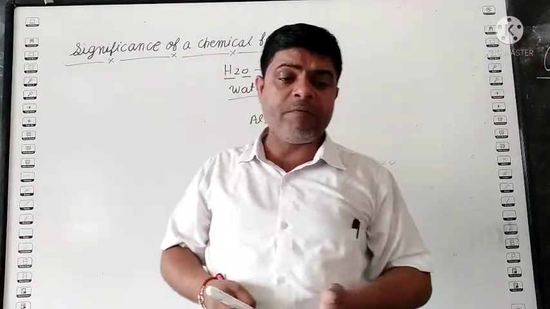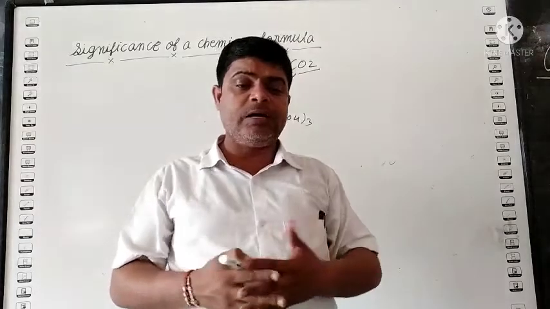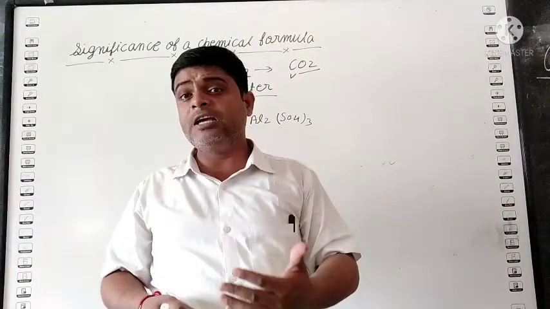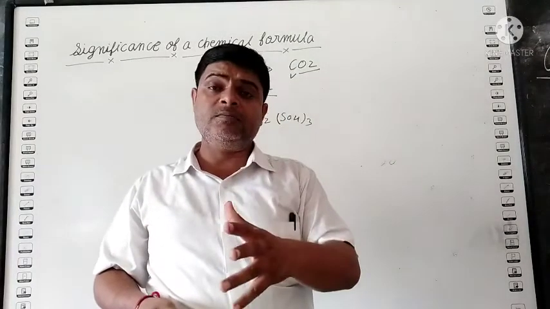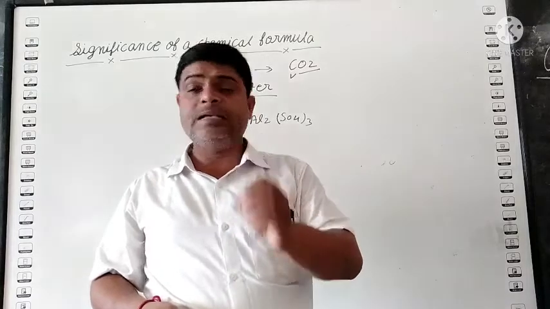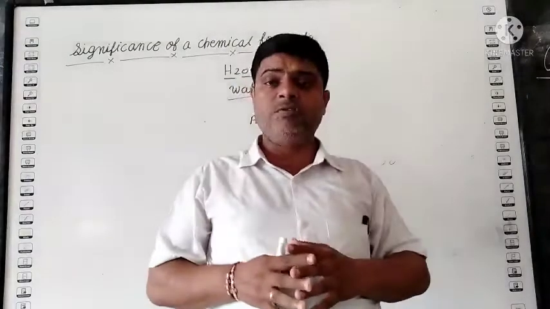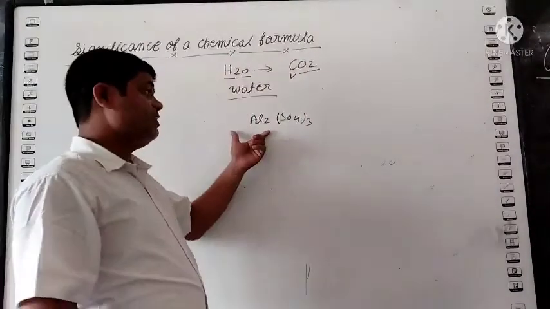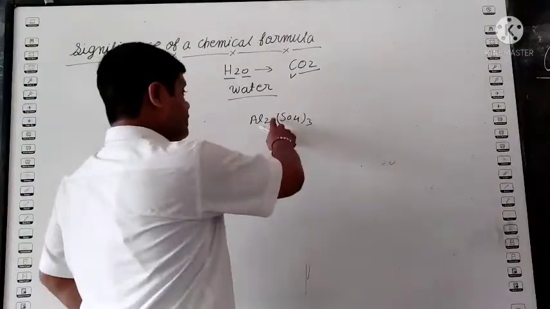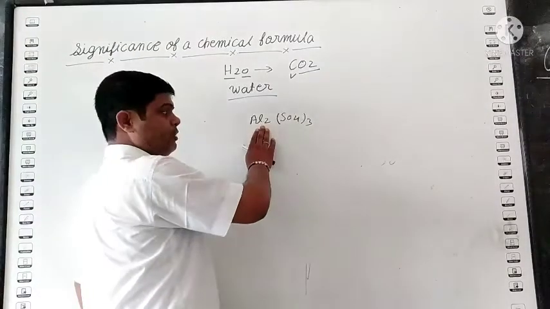The number of atoms of various elements or ions present in one molecule of the compound. We easily identify how many atoms and how many ions are present in the particular compound. Suppose you see aluminium sulfate, how many aluminium? 2 aluminium.